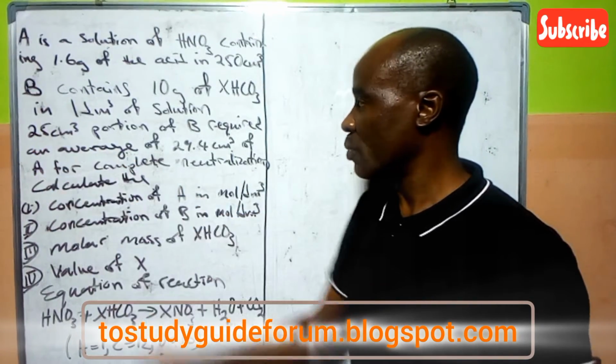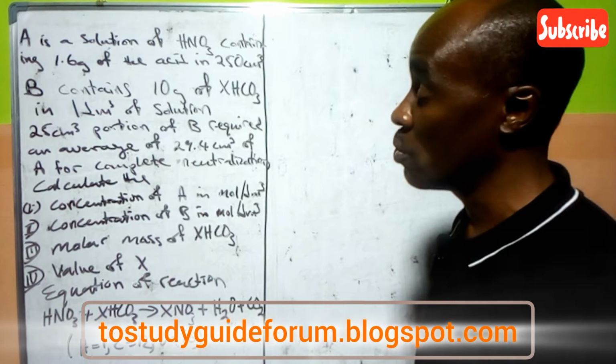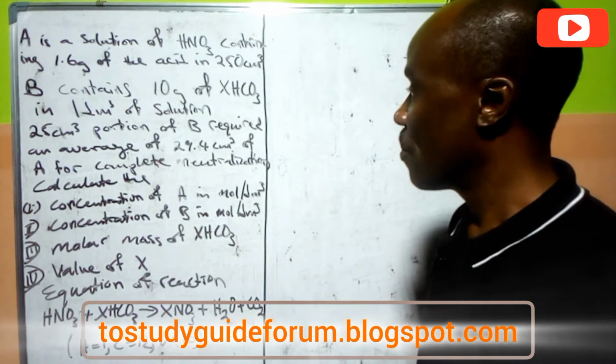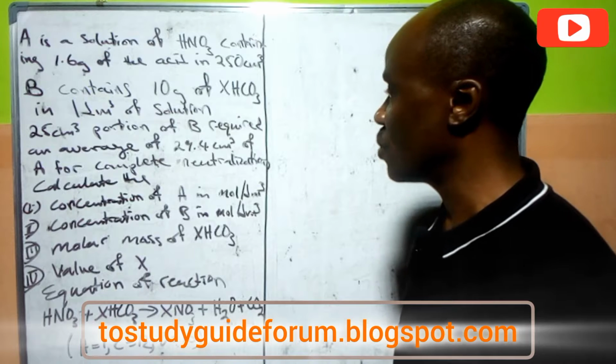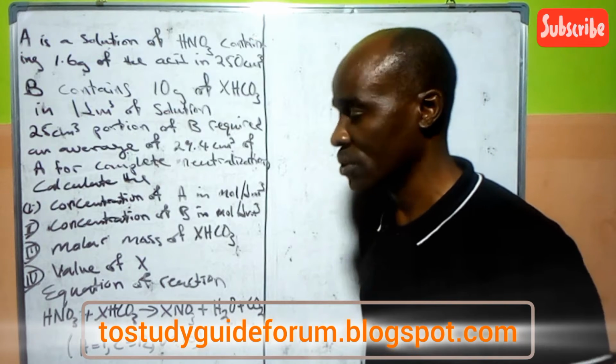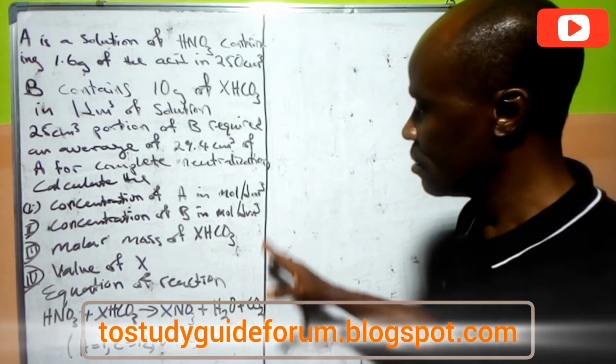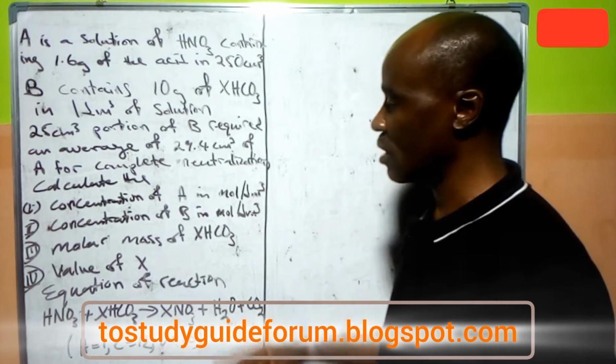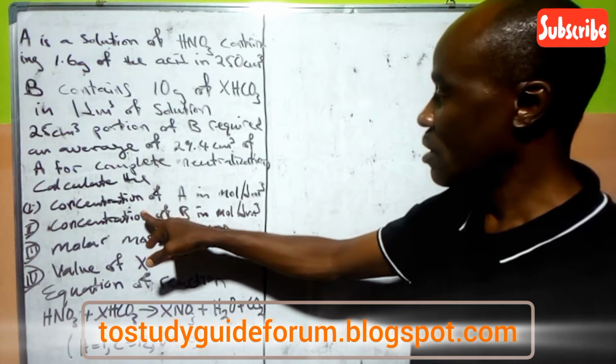Then the next thing said that a 25 cm cube portion of B requires an average of 29.4 cm cube of A for complete neutralization.